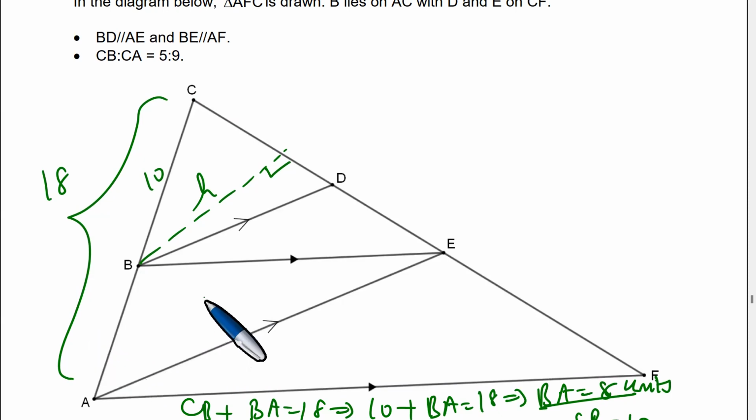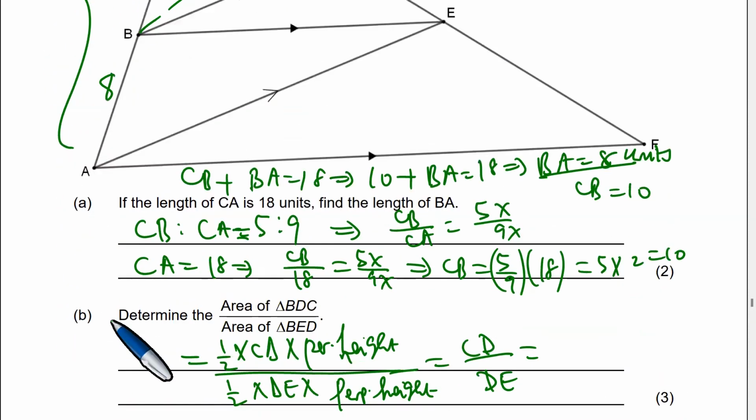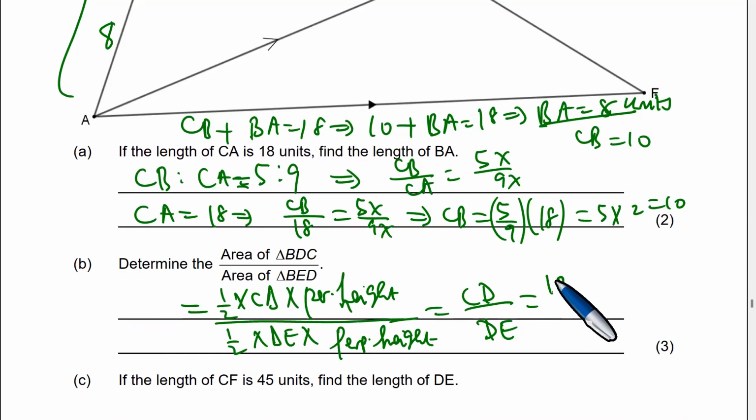What did you get BA to be? You got it to be 8. So the ratio of CD to DE is going to be 10 over 8. Divide by 2, 5 out of 4.